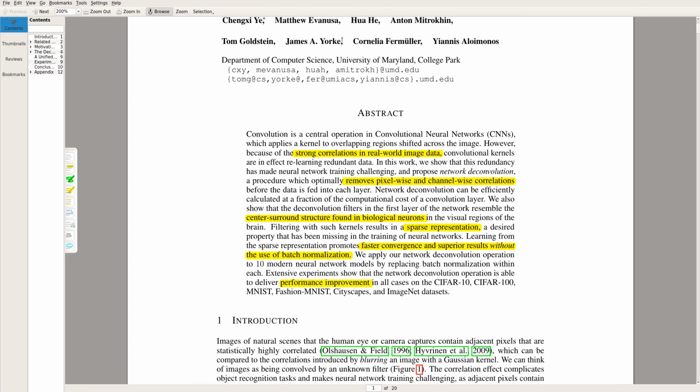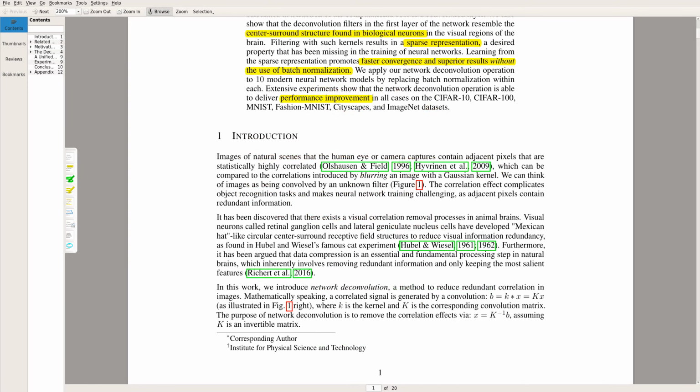Specifically, those neurons activate more when there's a big change, when you have a big activation on the center pixel but the pixels around it are not activated. In that case there's a bigger activation than if you have activation across the center one and the surrounding ones.